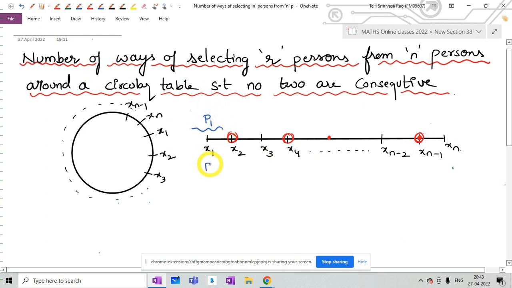What is the meaning of p1? P1 is the number of persons before the first person selection.